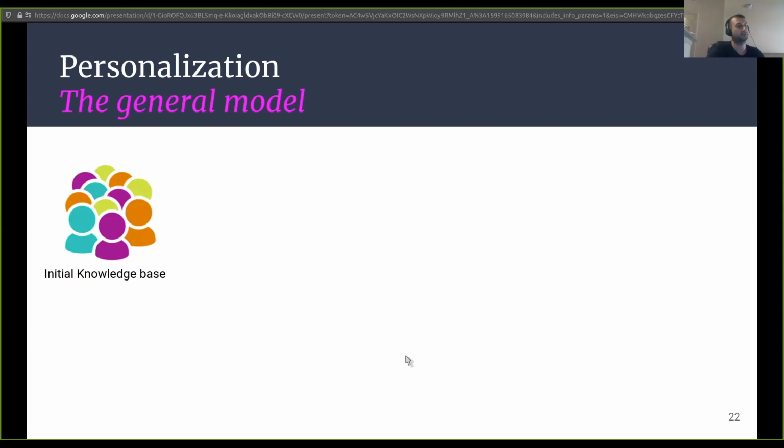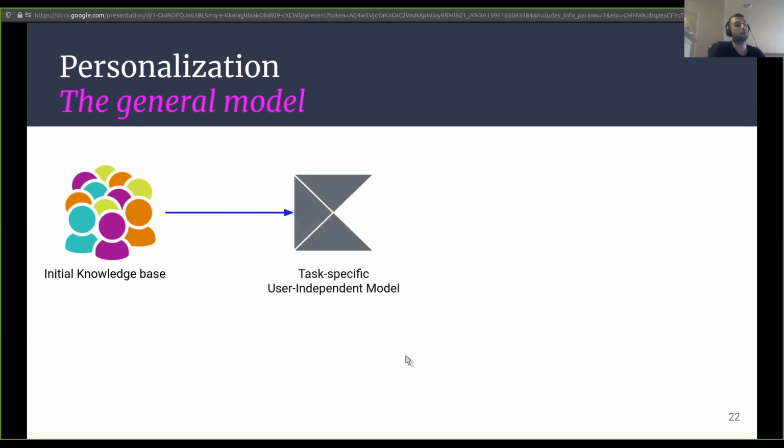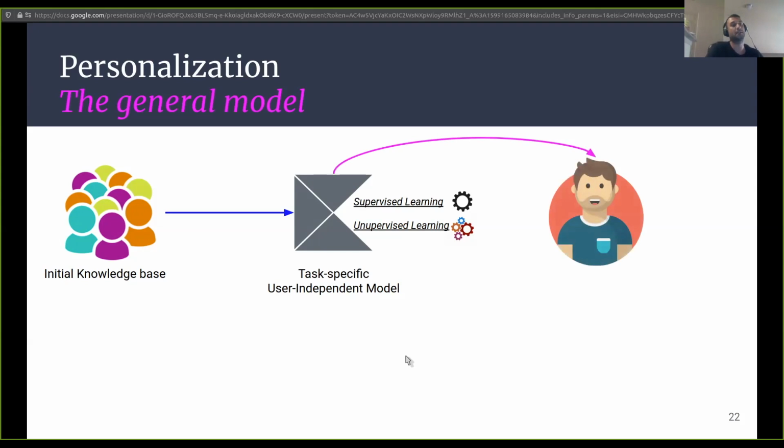So what usually happens when it comes to personalization and building more personalized models is that we have this initial knowledge base where we build a task-specific but user-independent model using either a supervised or an unsupervised approach, and we use this model on a new user. That's what most of the applications we saw so far try to do.